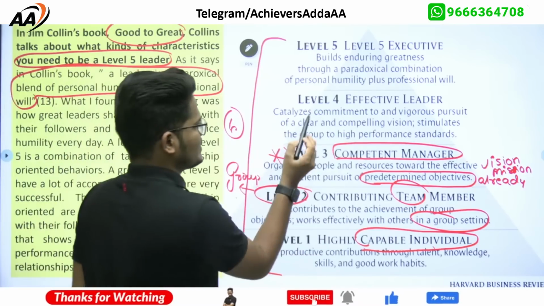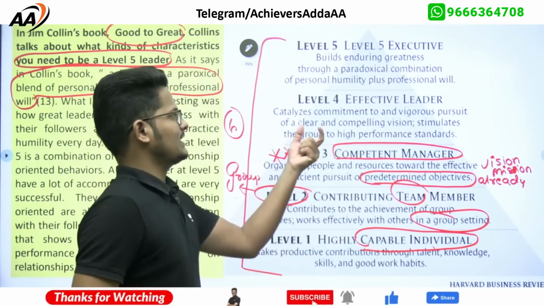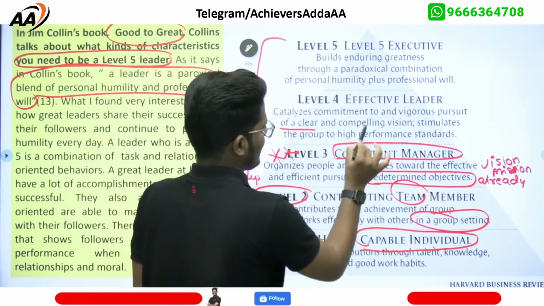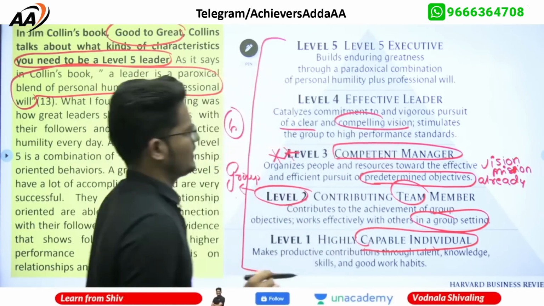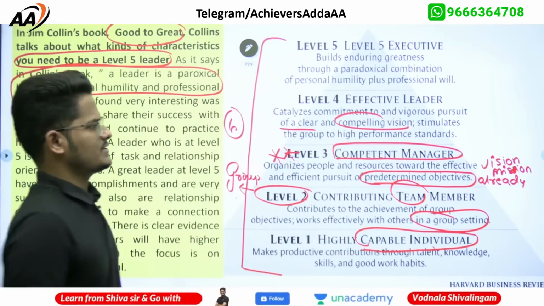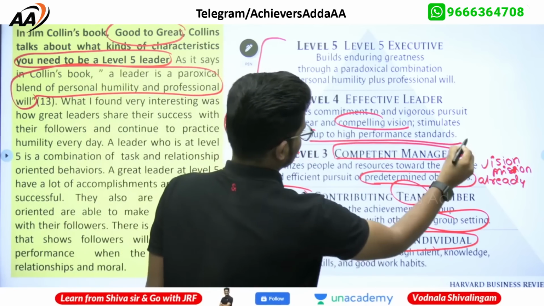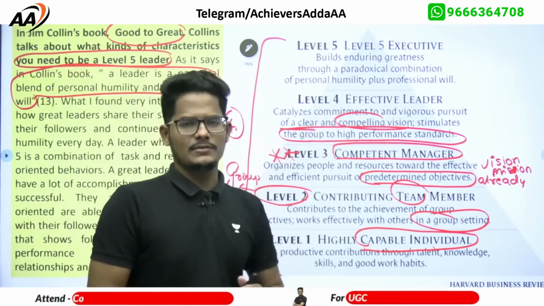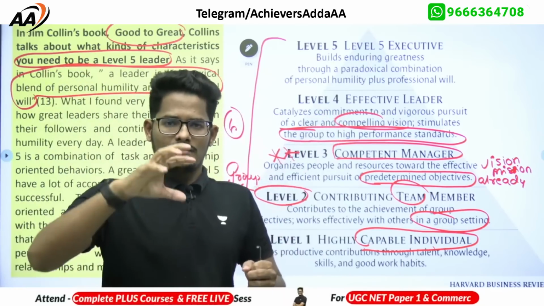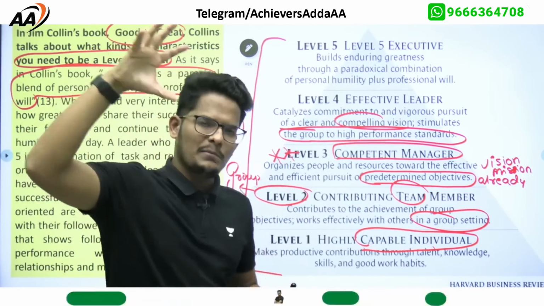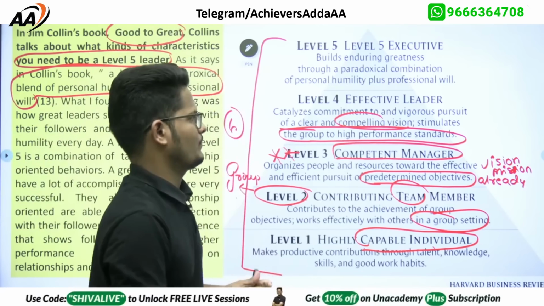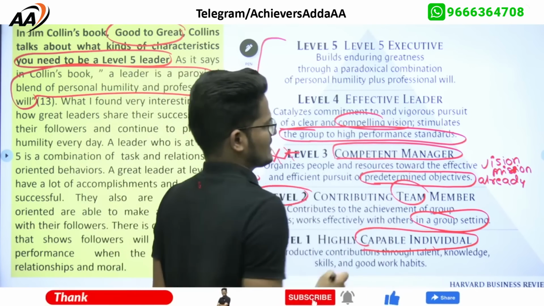Next, the effective leader catalyzes a commitment to and vigorous pursuit of a clear and compelling vision, and stimulates the group to high performance standards. This type of leader tries to take the maximum from each follower to achieve high performance standards.